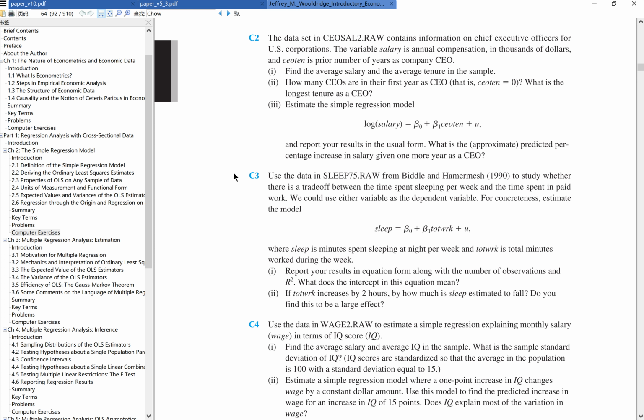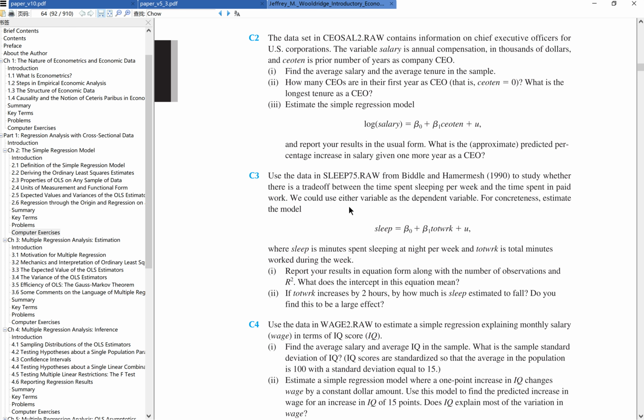Let's move on to the second question, C3 here. In C3, we use another data set, which is called Sleep75, to study whether there's a trade-off between the time spent sleeping per week and time spent in paid work. So whether you sleep less if you work more, right, or the other way around.